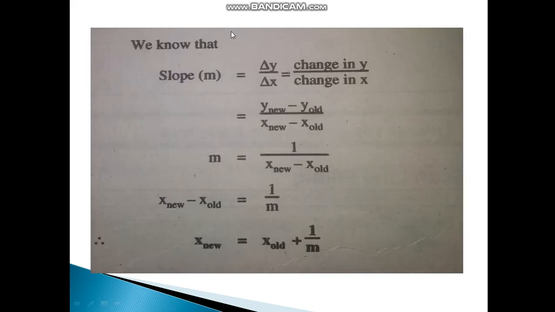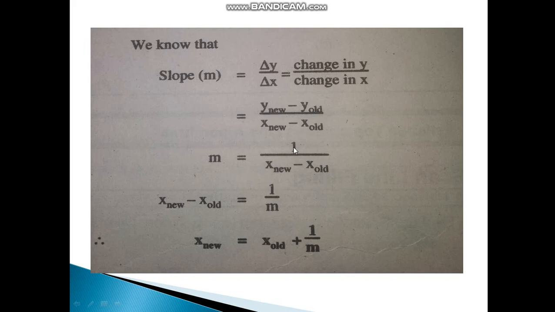So we know that the slope of the edge is delta y upon delta x, where delta y means y2 minus y1 and delta x means x2 minus x1. So with y new minus y old and x new minus x old, M is equal to 1 upon x new minus x old, because the difference between the y values, y new and y old, is 1.